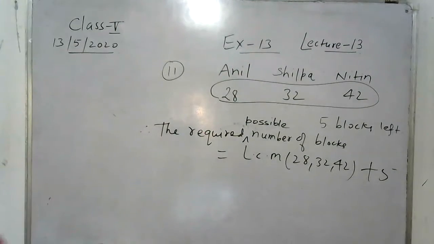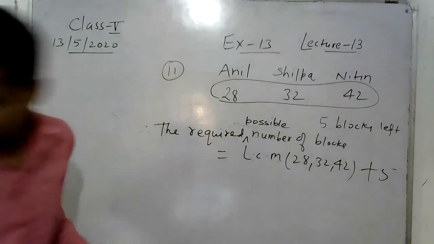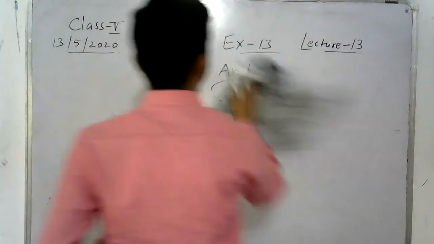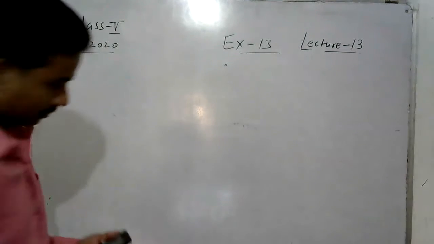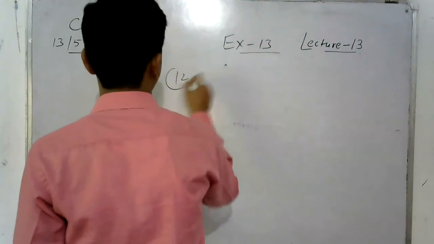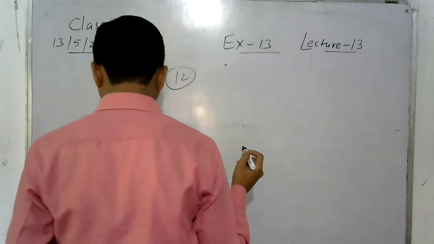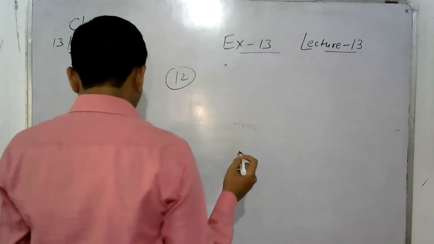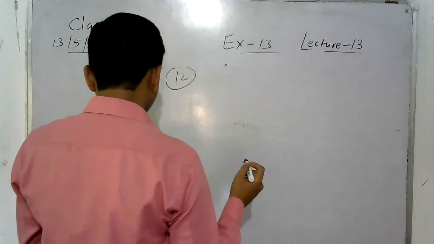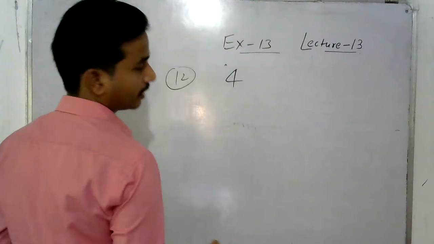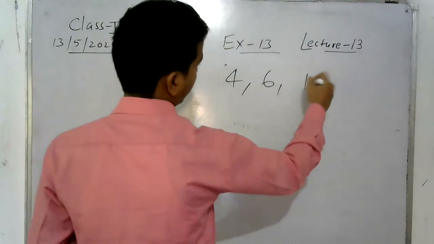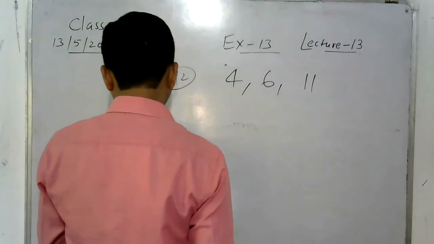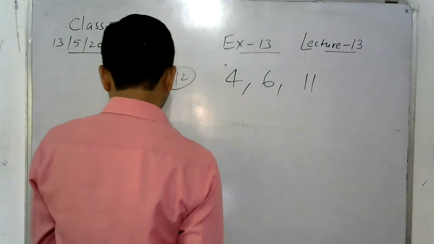Now moving to the next question, question number 12. In question number 12, separate teams of 4, 6 and 11 students are made from the students of a class.